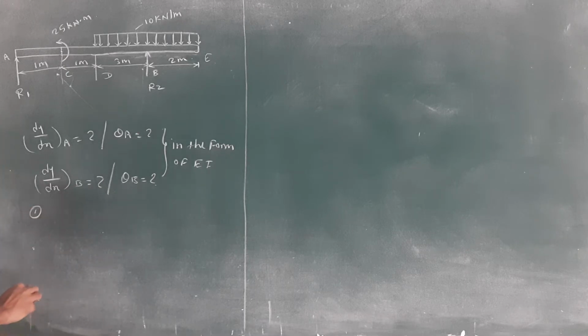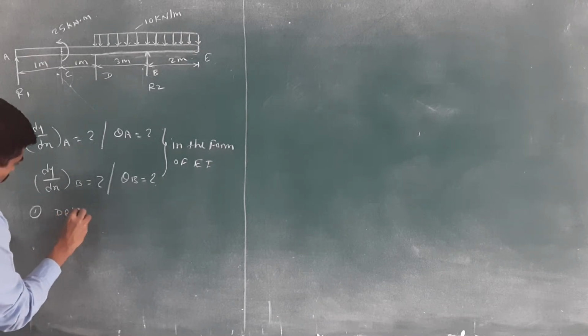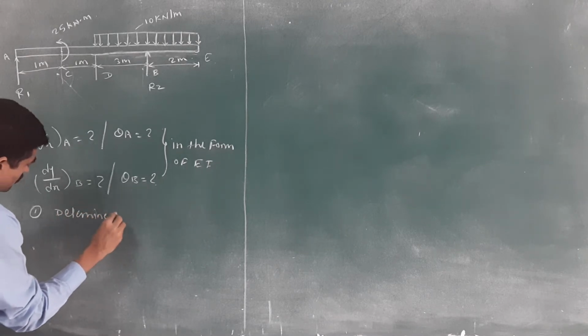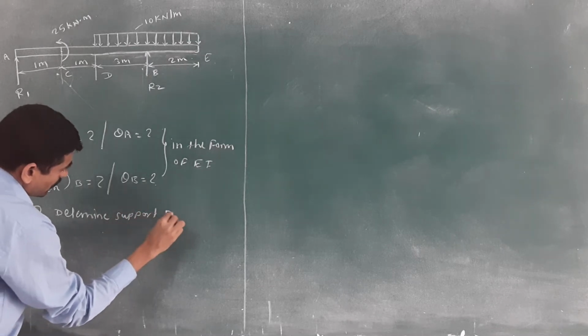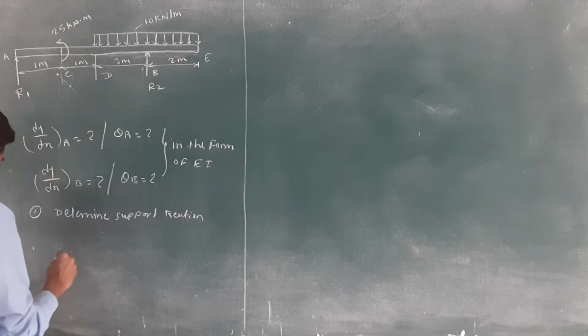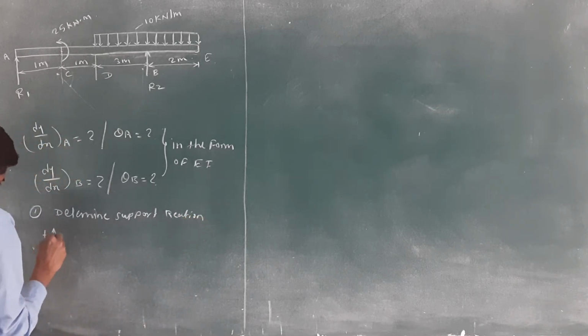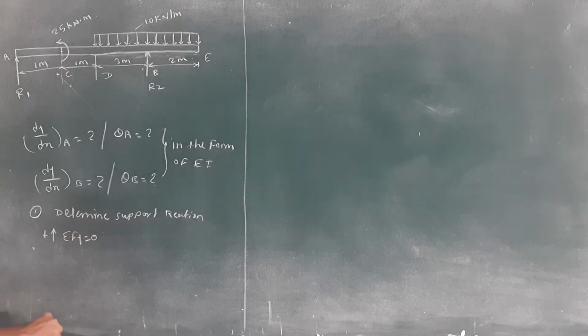You know what the first step in the Macaulay method is? The first step is to determine the support reactions, R1 and R2. Taking vertical forces, with upward positive, summation of Fy is equal to 0.